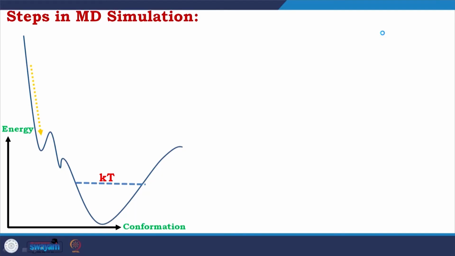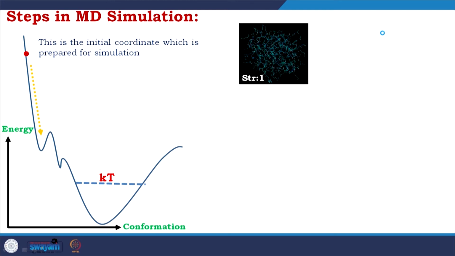We are coming back to the process estimation. So, we would look at the steps in MD simulation. First, as we have talked earlier, this is the initial coordinate which is prepared for simulation. But as I told earlier, from this initial coordinate you could not directly go to simulation.